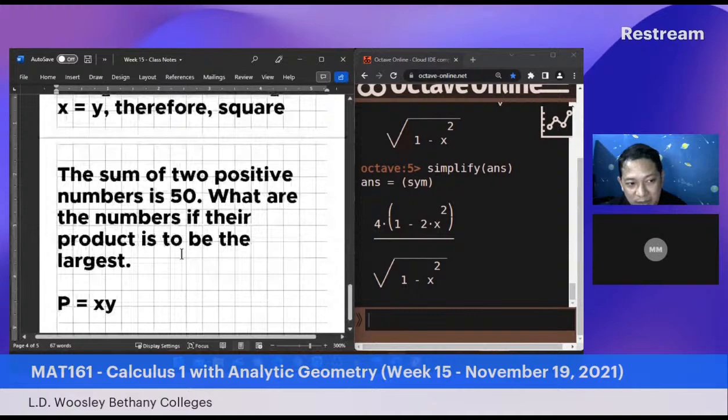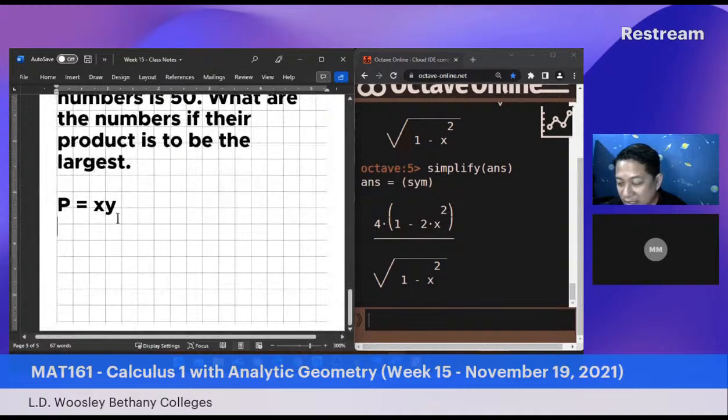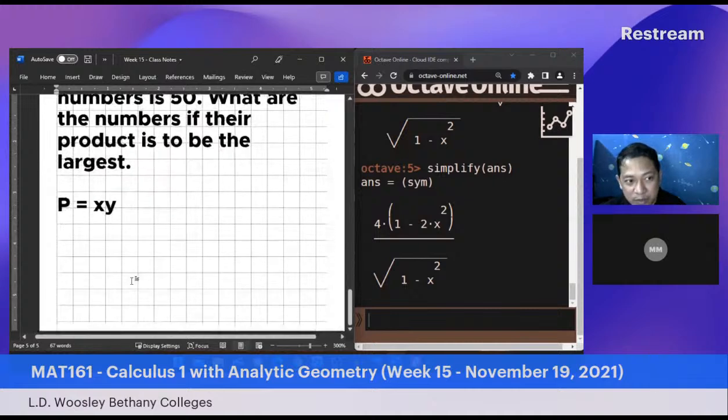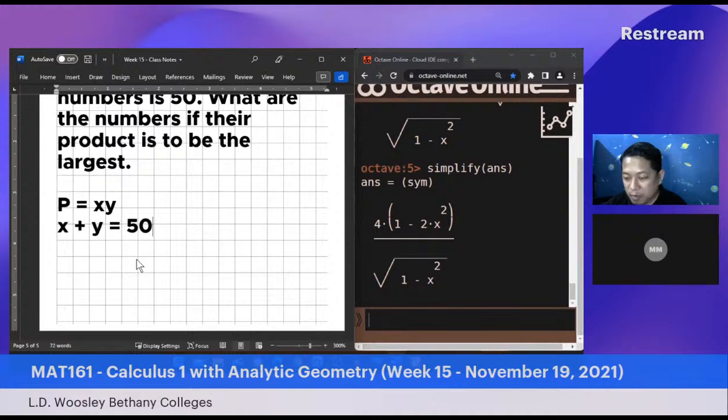So, dito, may dalawa tayong number na kukunan yung product na dapat ma-eliminate. How could you do that? By getting the another condition here, which is the sum of two positive numbers is equal to 50. x plus y is equal to 50. So, if you would like to eliminate y, you substitute such that y is equal to 50 minus x.